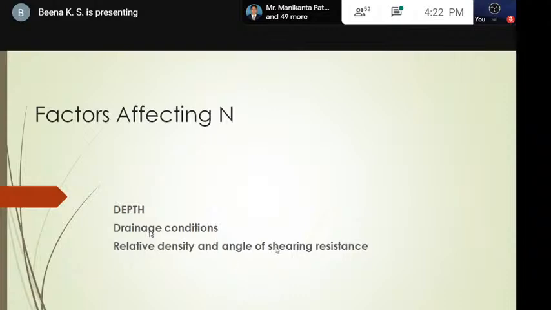When you consider the depth, at greater depth we have overburden pressure, so the overburden pressure will be large if we go for a greater depth. And the confining stress corresponding to this depth will also be large. And the major principal stress at failure will be large for a given soil, that is for a given phi value.